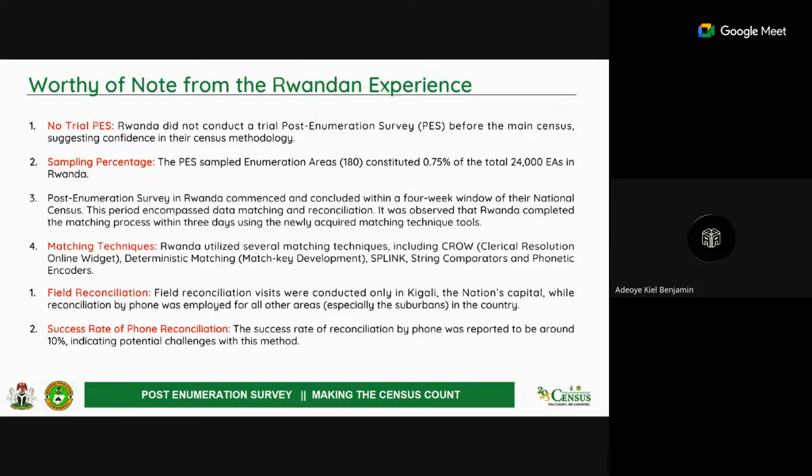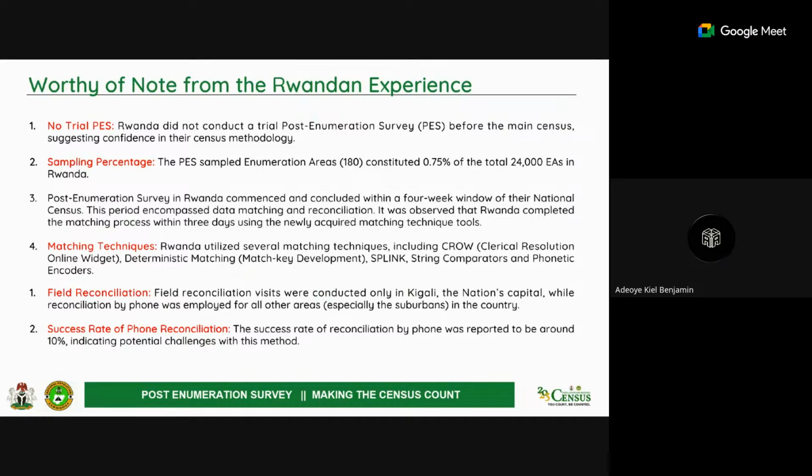Then the field reconciliation. In fact, there was a heated debate about it. It's not a debate as such, it was a resistance. And our CTA was equal to it. We made them aware that reconciliation is part and parcel of the estimate. Let's give our CTA a round of applause because he made us proud. And they were able to accept at the end that yes, reconciliation visits are needed, even though they mostly did phone reconciliation in Rwanda.